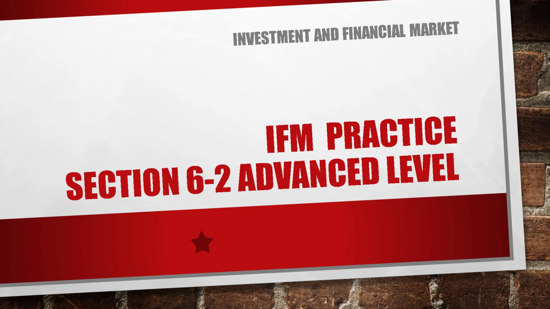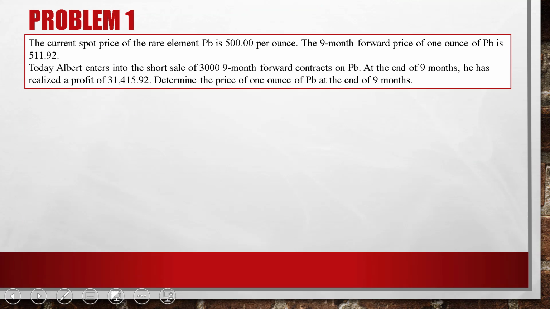It's Daniela Tran here, and today we are going to continue to work on section 6.2, the advanced level from the IFM practice problems. First, problem 1. The current spot price of a raised element PP is 500 per ounce. The 9-month forward price of 1 ounce is 511.92.